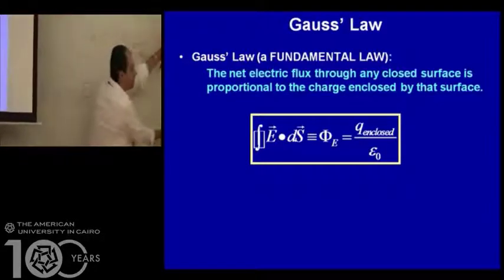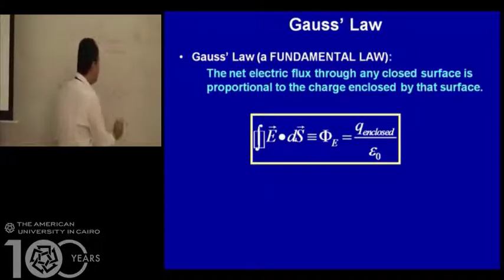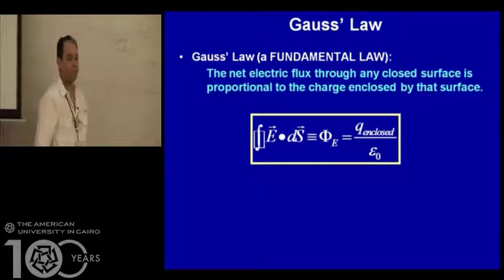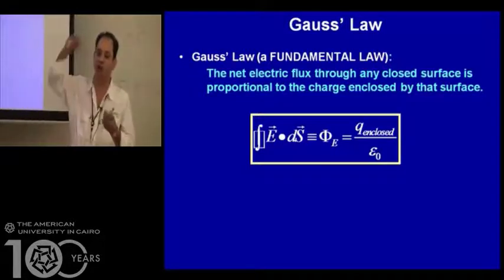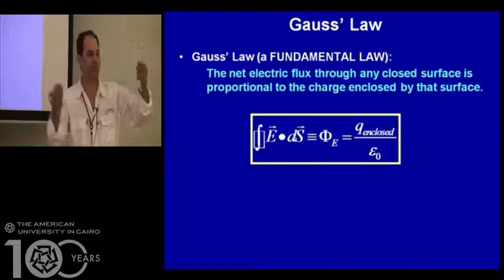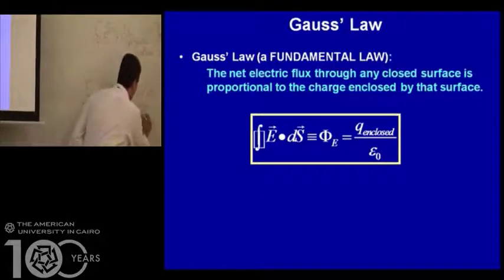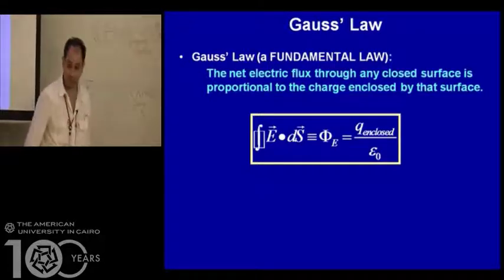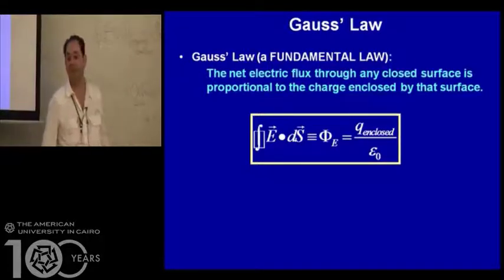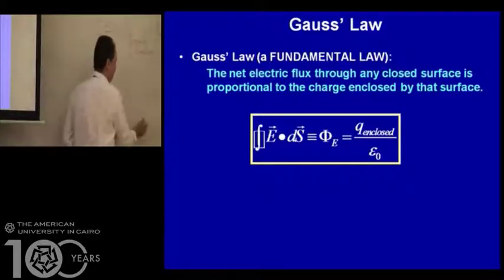If the length of the cylinder is h, then the total charge inside the cylinder is the charge per unit length times the length of the cylinder, divided by epsilon 0. Q includes that lambda h.